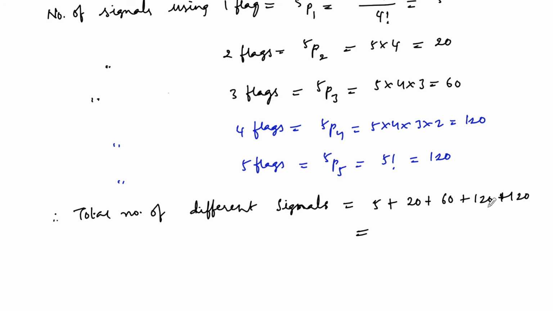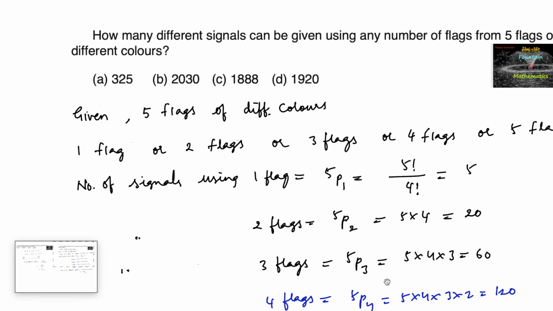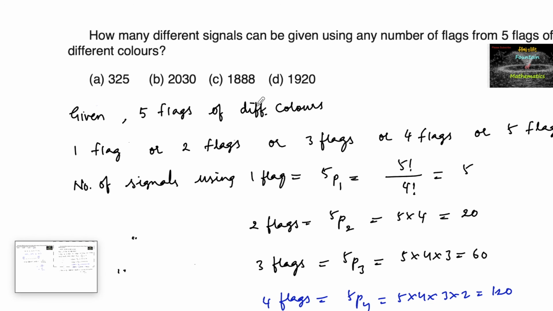So 120 plus 120, 240, 240 plus 60, 300, 325. So we can go with option A. Option A is the answer.